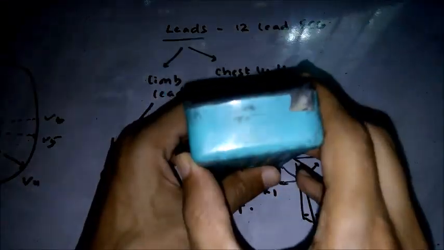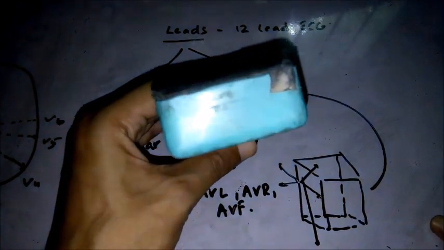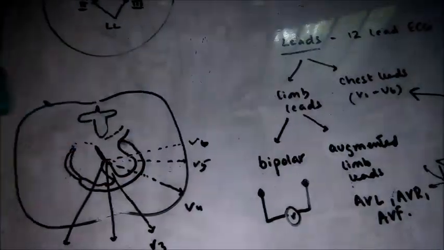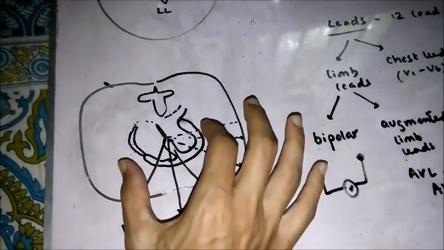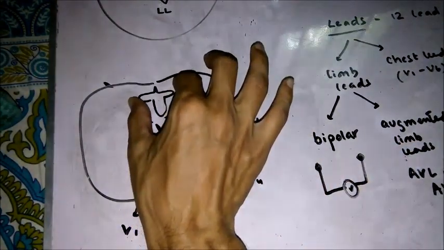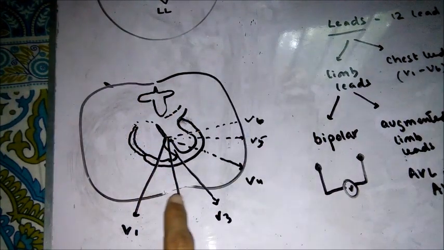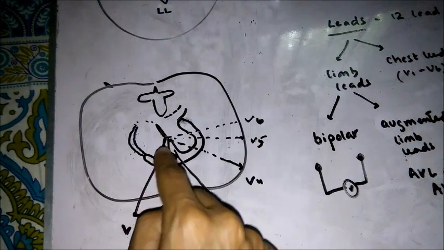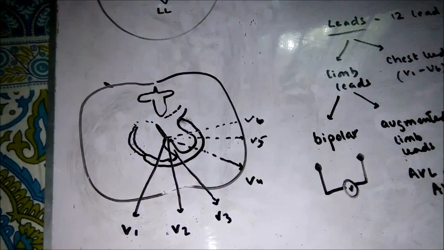So if this was a person, and if I cut him from on top, and I was looking at his heart from the top, I would see something of this nature, right? I would see his heart in his chest cavity, and at the back, he would have the vertebrae. In the front, the sternum would be present, and now I have these leads which are giving me the electrical activity in the outward direction, in another plane, right?